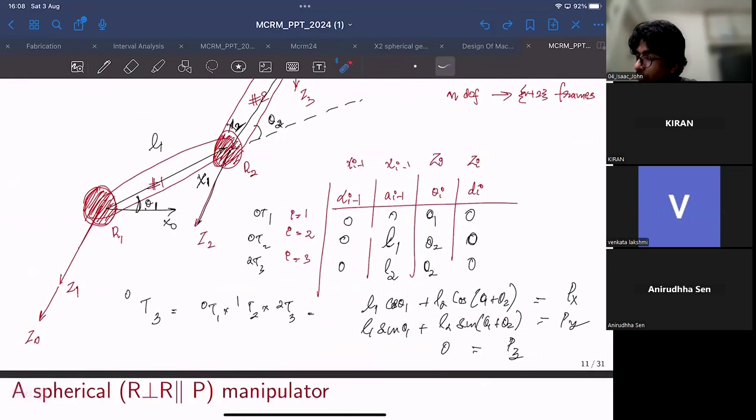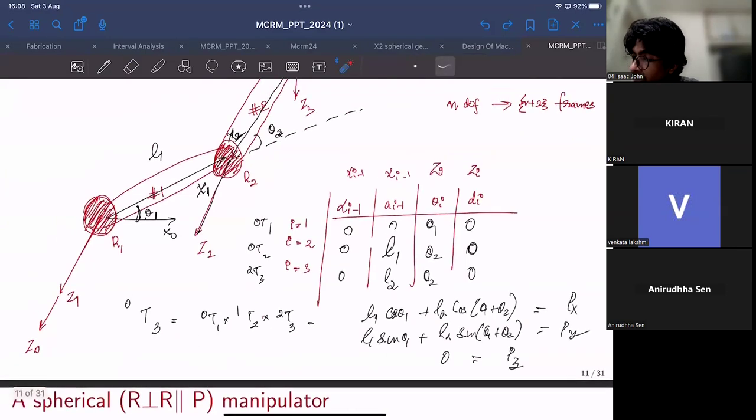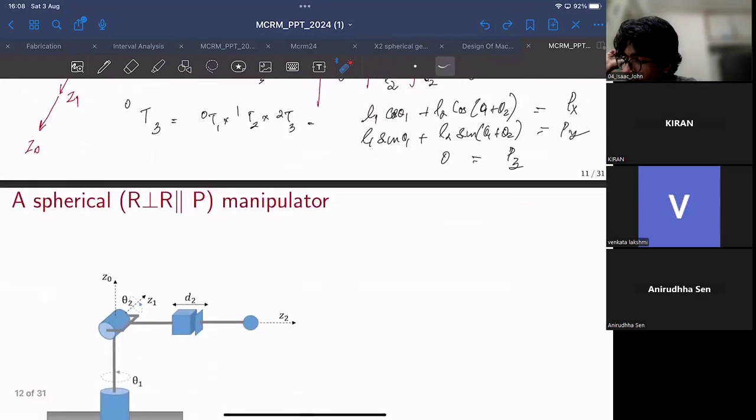And once you do that, you multiply it successively. So you will get all these individual matrices: 0T1, 1T2, 2T3. And finally, you will have to multiply it one after the other. Yeah, that's about it.